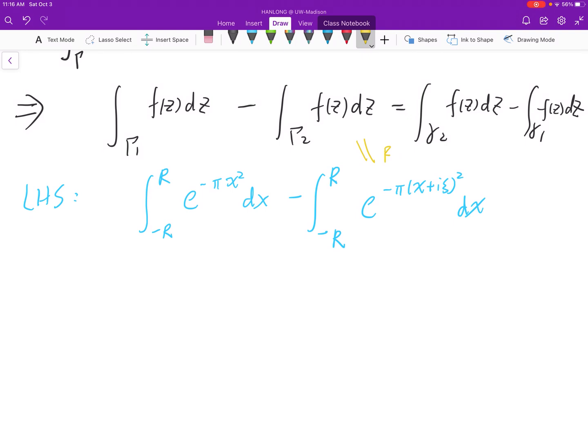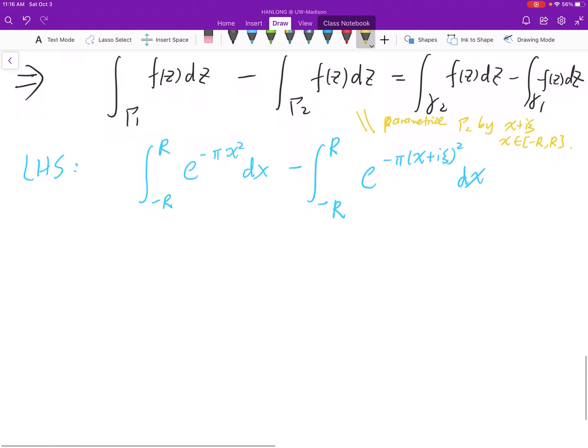So parametrize gamma 2 by x plus i c, where x is from negative r to positive r, and c is fixed. And you see, if we let r go to infinity, then the left-hand side gives you the comparison between the Gauss integral and the integral we want.